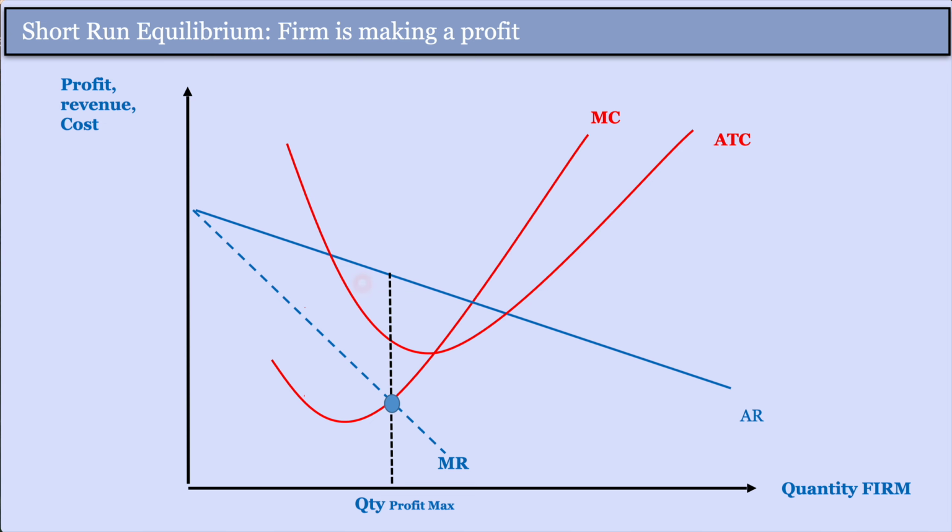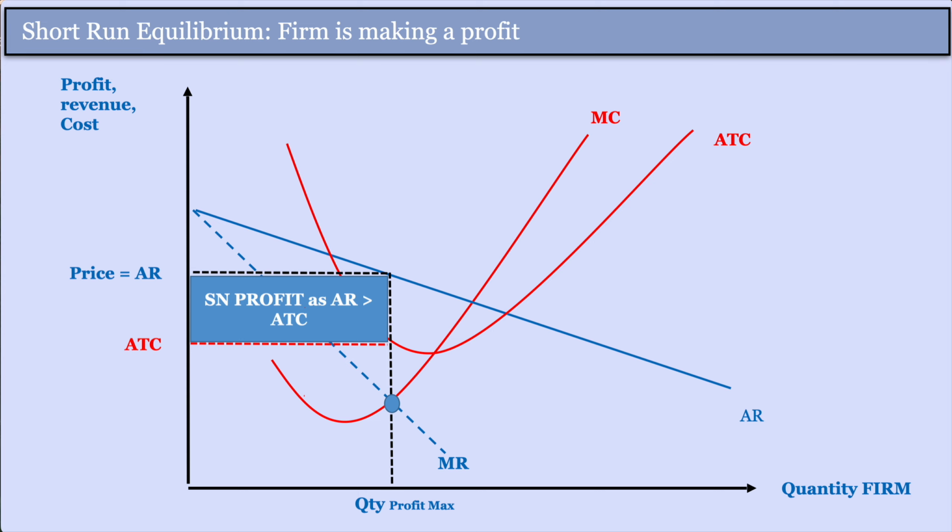Here's your demand curve. And how much is the average cost of that? So this will be your price in the market, and this will be your average cost. And so therefore you have supernormal profit, remember, because it's above normal. Normal is in the cost curve, so this is going to give you that supernormal profit there.